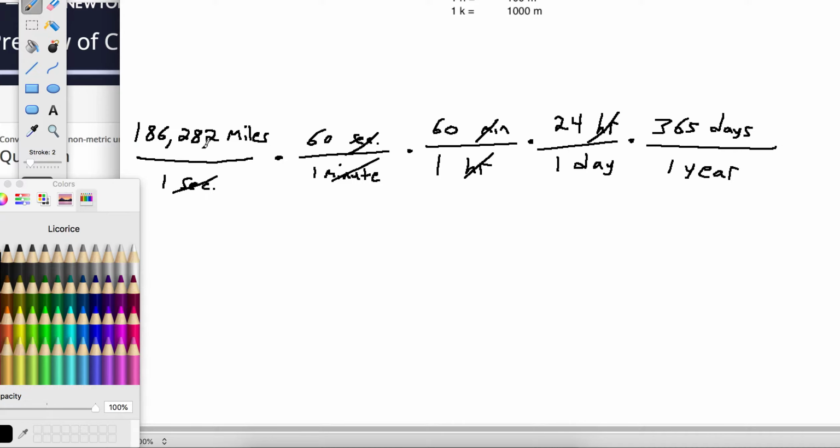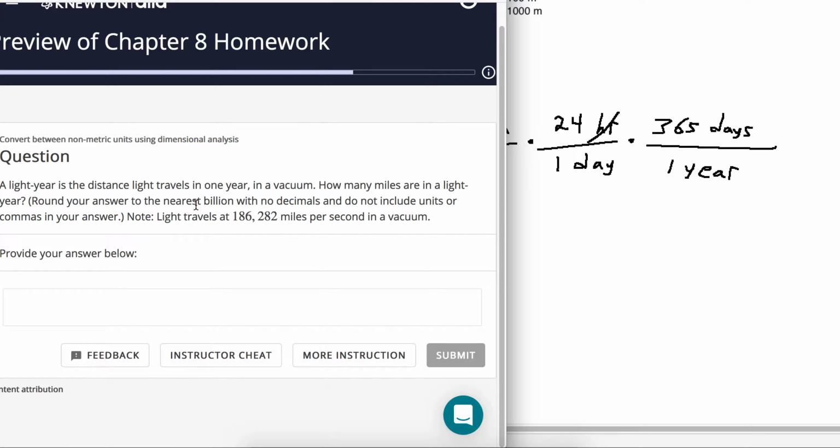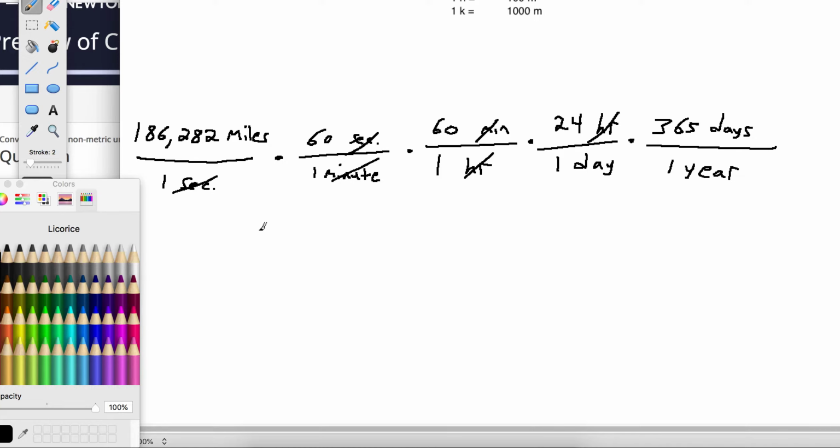Okay, so now once we crunch these numbers, we're going to have the distance of a light year in miles, okay? Because light travels at 186,282 miles per second. We're converting this number from seconds into years through these calculations, okay? So everything crosses out, so you got miles per year.